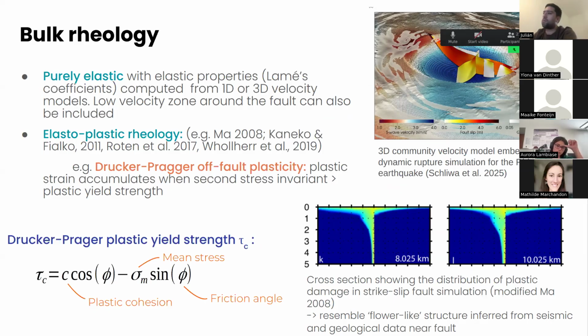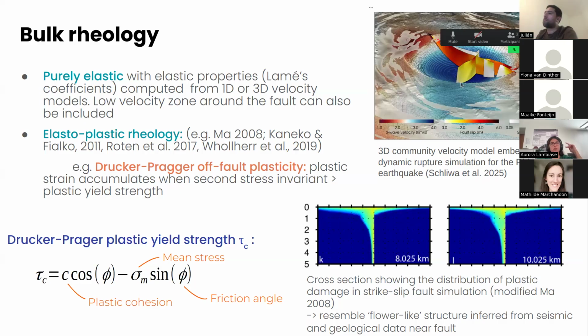For example, we can add a low velocity zone around the faults, because it's something that we observe in real life. Here on this figure, it's just an illustration, but the 3D community velocity model of California is embedded in a dynamic rupture simulation for the Ridgecrest earthquake.